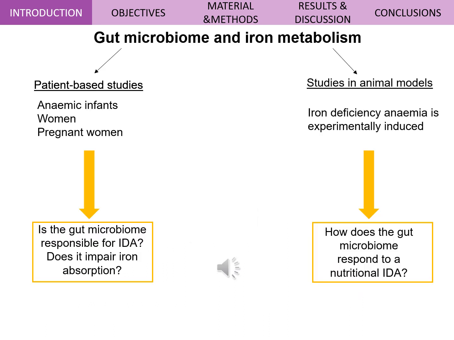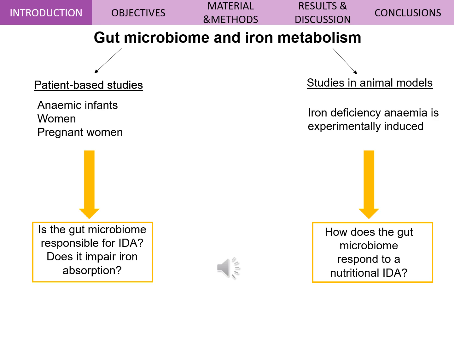With regards to what's been done so far in relation to the gut microbiome and iron metabolism, there are two approaches to address this topic. One is patient-based studies, and these studies have been mainly performed in at-risk populations of IDA, such as children or women. These studies try to investigate the role of the gut microbiome in the generation of IDA.